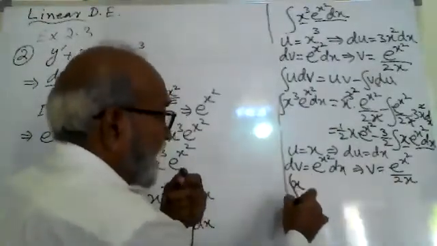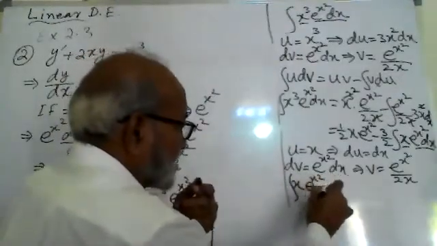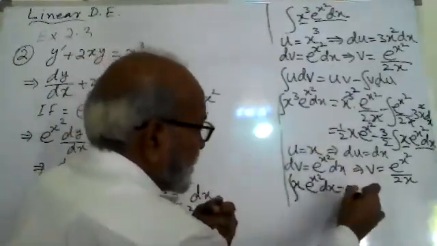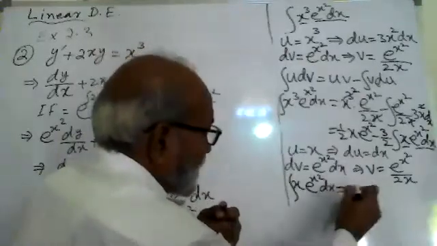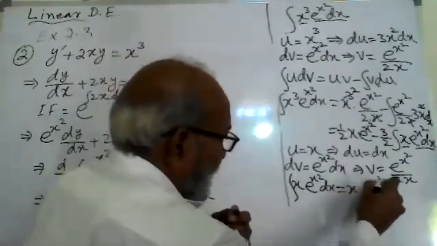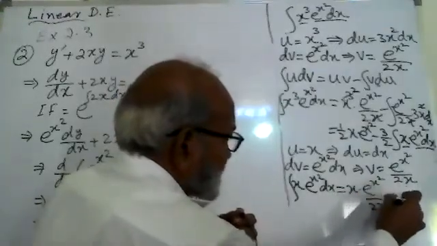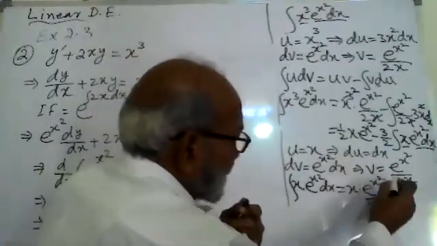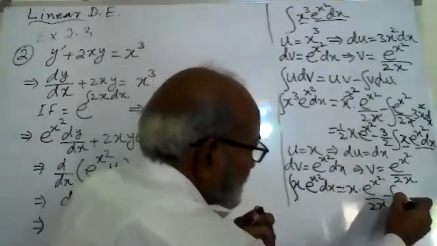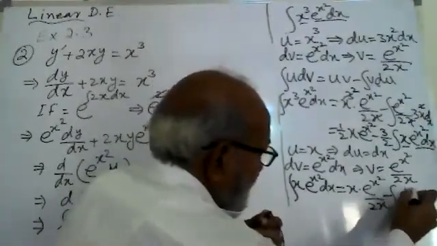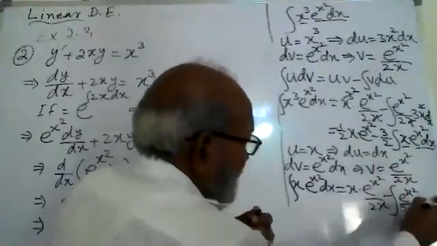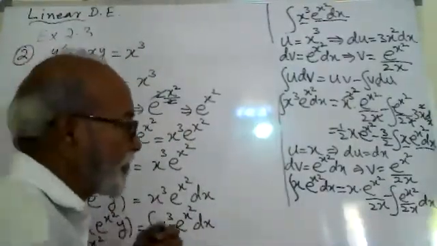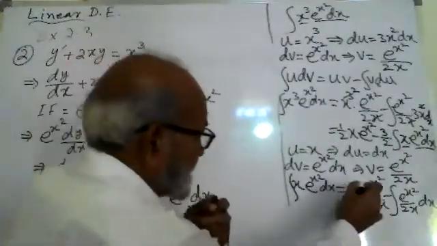Integral x e raised to power x square dx will become u into v, x into e raised to power x square upon 2x minus integral v du, e raised to power x square upon 2x into dx. This x is cancelled.